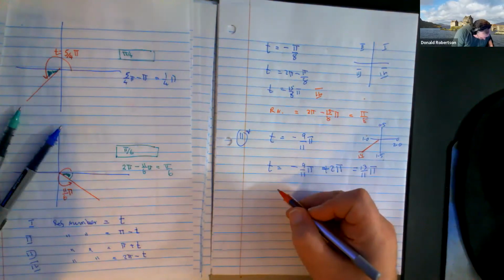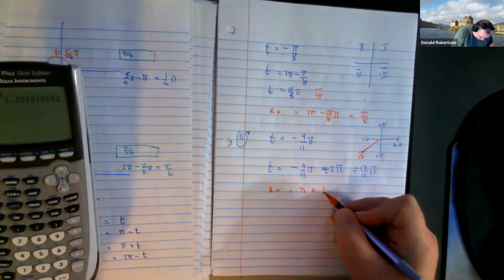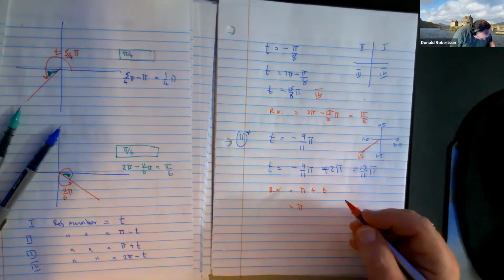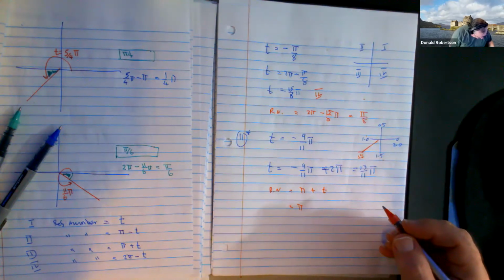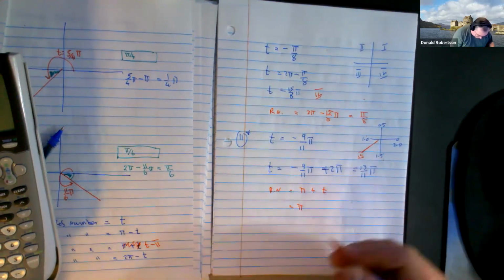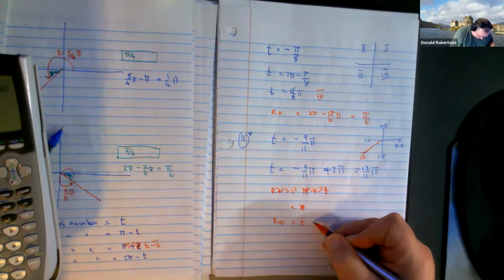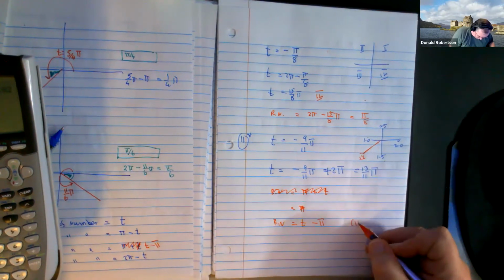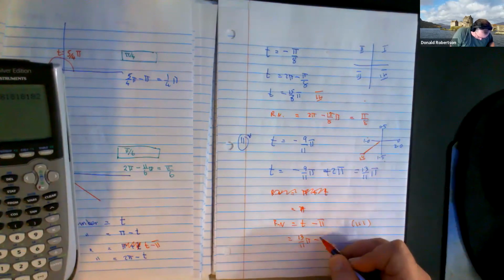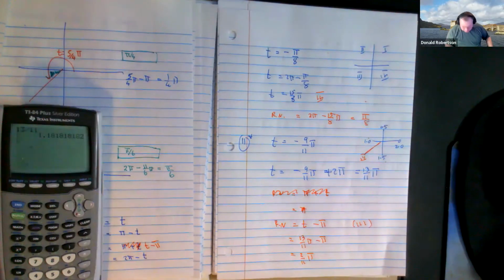Now, since it's in the third quadrant, to get the reference number, it's t, take away pi. So it's 13/11 pi, take away pi, which I can do in my head is 2/11. But you could do it in your calculator as well.